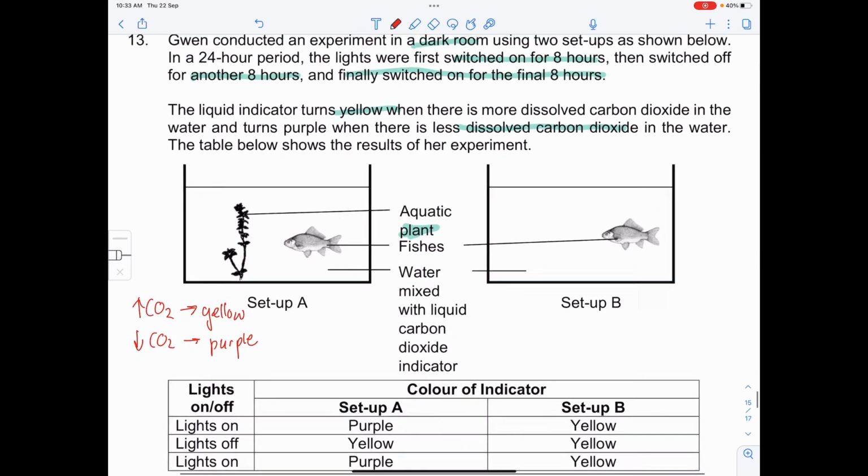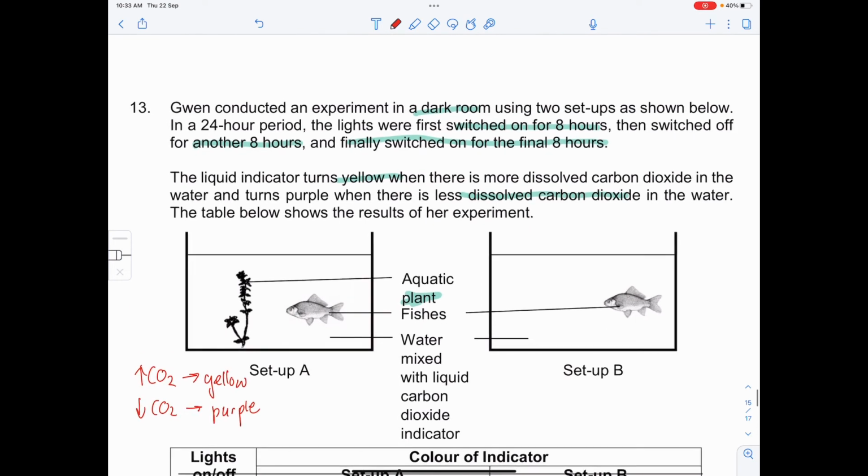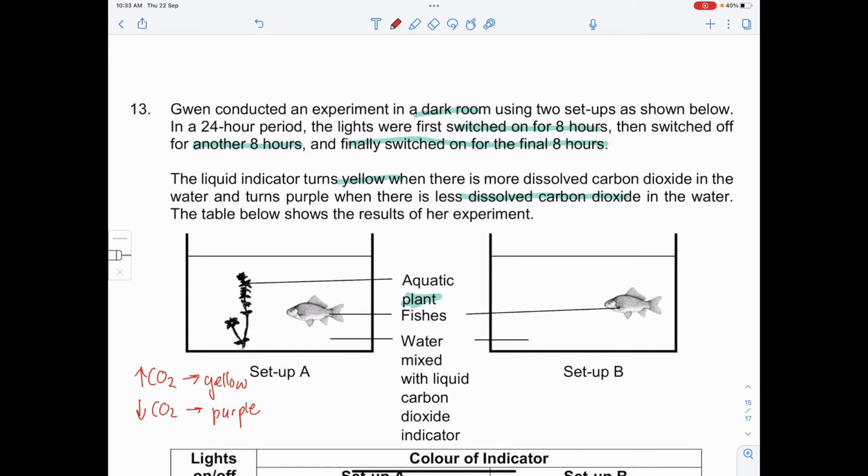So the table below shows her results. So even before you look at the results, I always tell you, it'll be good to actually think about how the result should be like. Okay? So one thing, what is the change variable? The change variable would be the plant, right? This is the CV. And what is the MV? The MV is the amount of CO2 that you're measuring based on the color indicator.